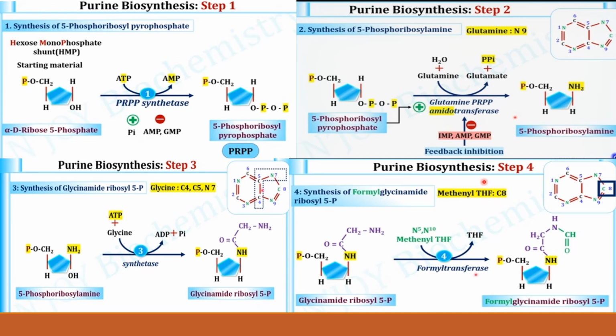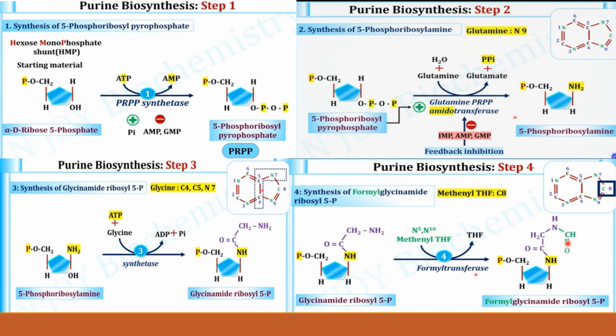In the fourth step, this glycine amide ribosyl 5-phosphate is used. Here methenyl tetrahydrofolate is used. This group is a formyl group donor. This molecule methenyl tetrahydrofolate donates the formyl group.